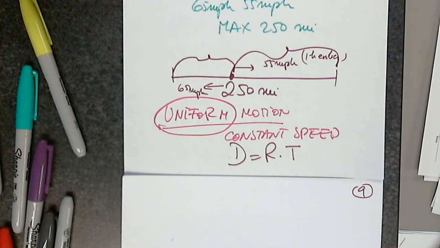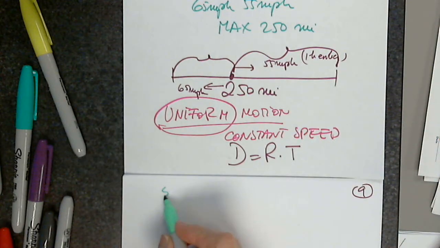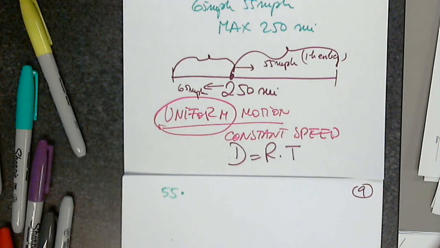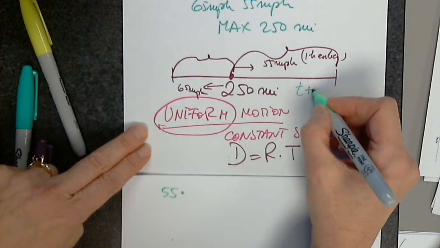Can anyone give us an expression for my distance covered? What is my rate? 65. Minus 55. Multiplied, what is the time? Unknown.